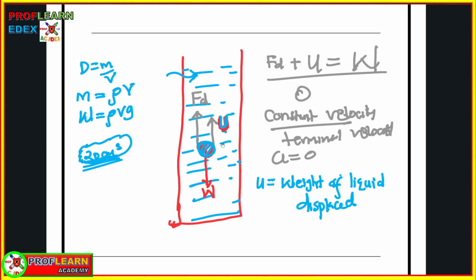The condition for an object to attain terminal velocity is that it experiences equal upward forces and downward forces. So the weight will be balanced by the upthrust and drag force.